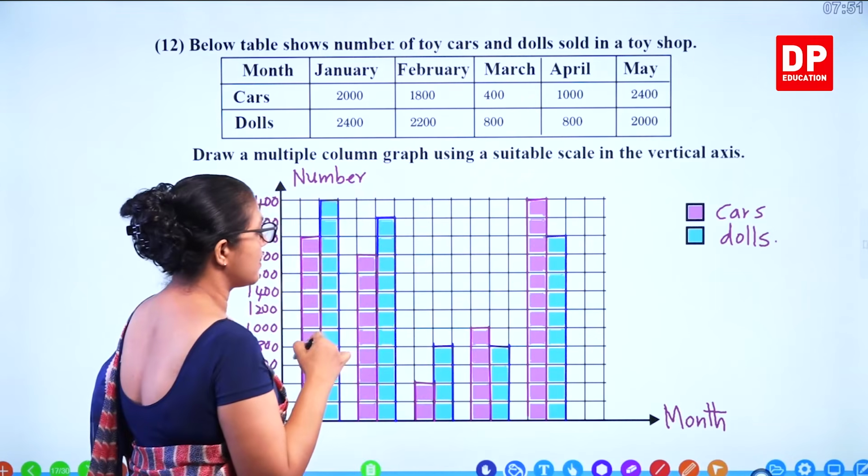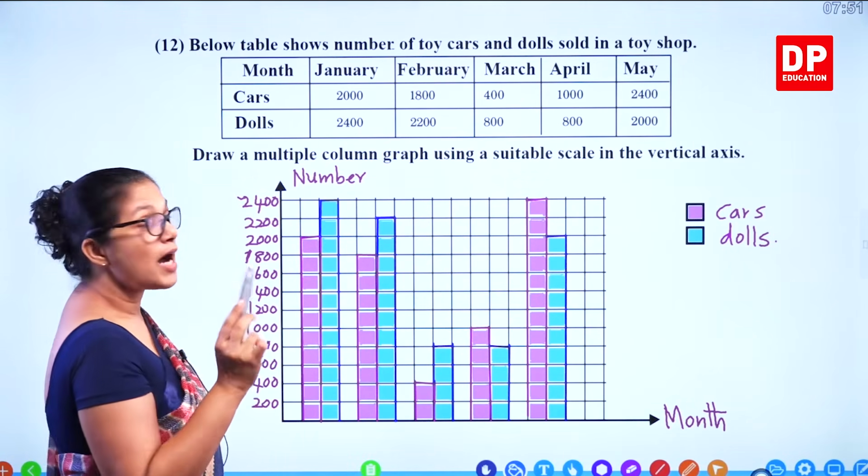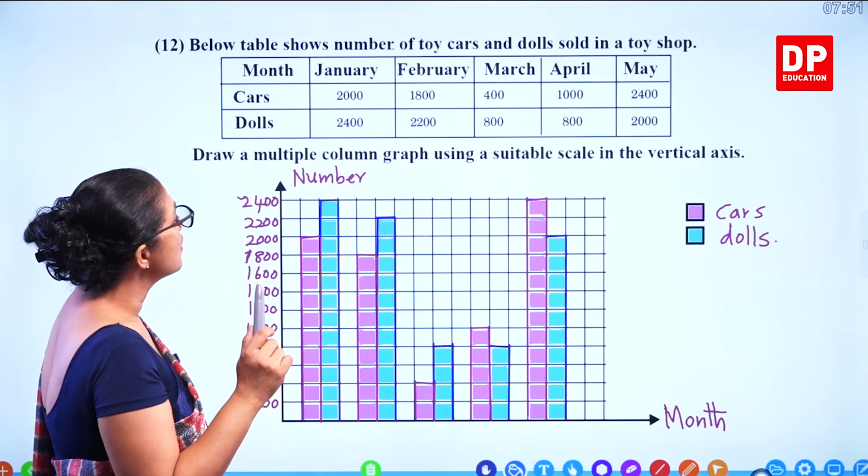And here dolls. So this is the multiple column graph.